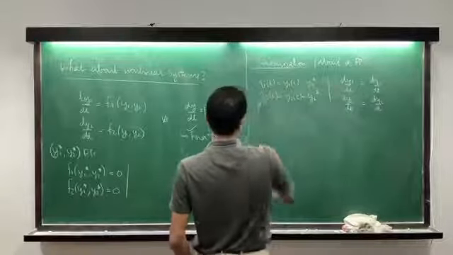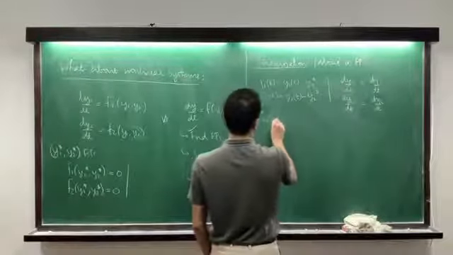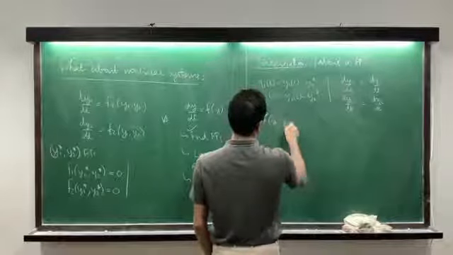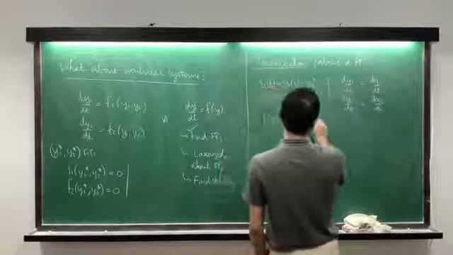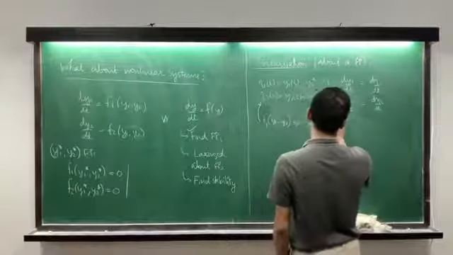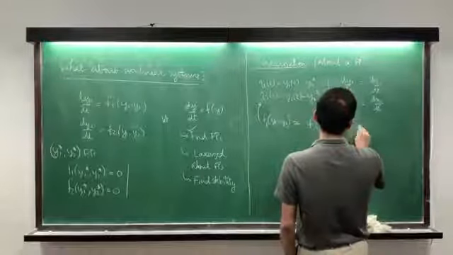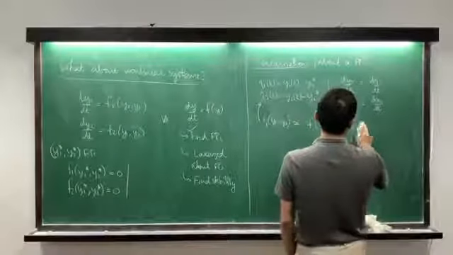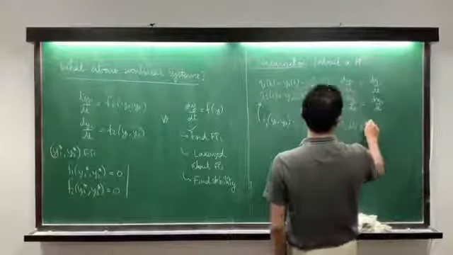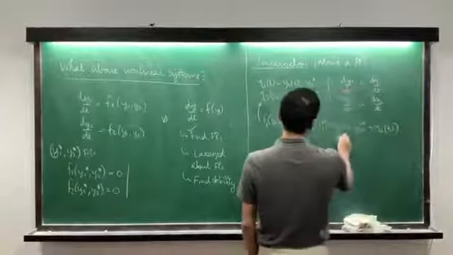If I use this, I can go back to f of y1 comma y2. For f1, y1 is eta 1 of t plus y1 star, and y2 of t is y2 star plus eta 2 of t, and again I can do Taylor series expansion of this.